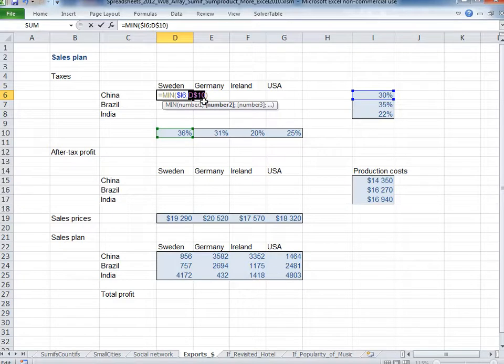We want the green D10 to move left and right, so no dollar signs before D, and we want the blue I6 to move up and down, so no dollar signs before 6. And here we have it.